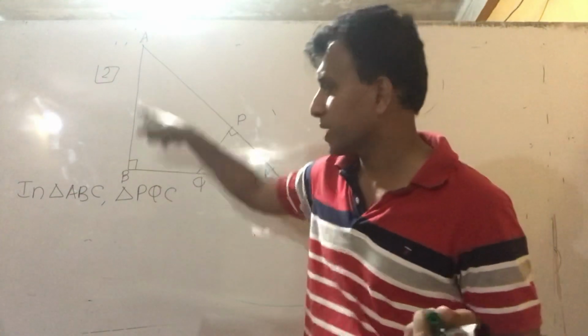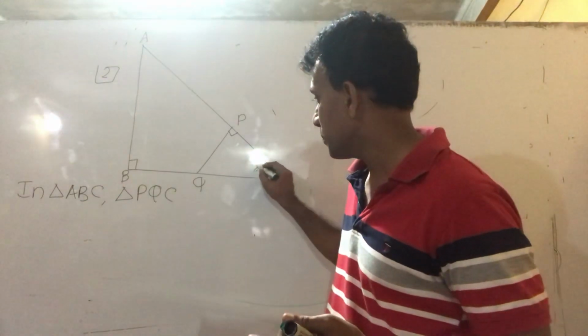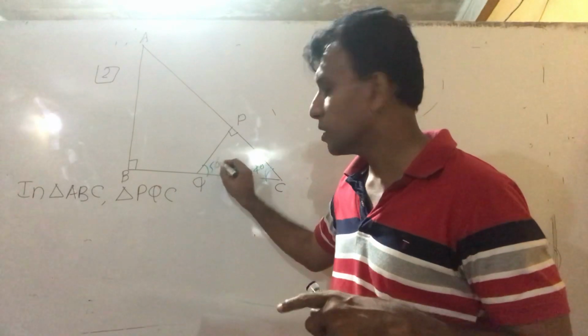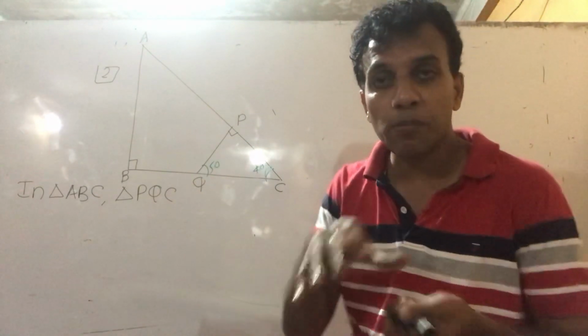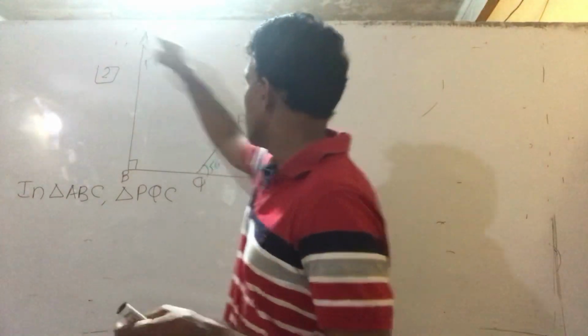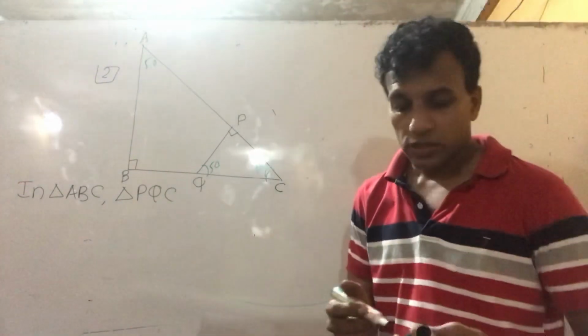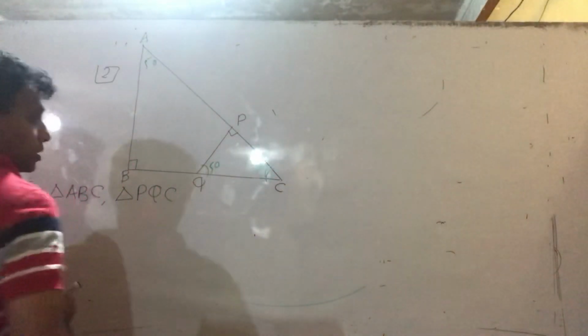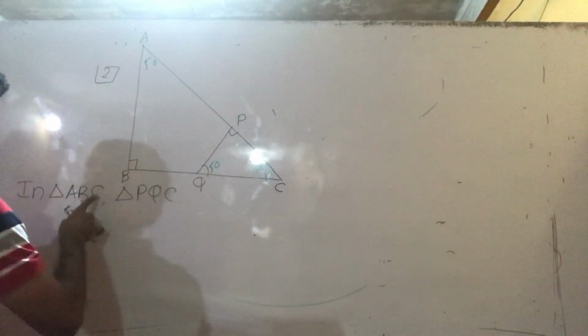Therefore, automatically, for example, if it's 40, what is this? This is 50, because the sum of all three is 180. So here 50, the big triangle 50. That's the method, right? So we take now the big triangle first.